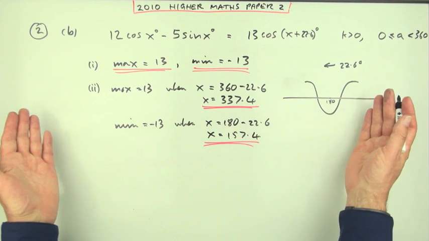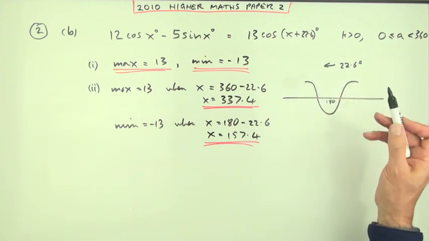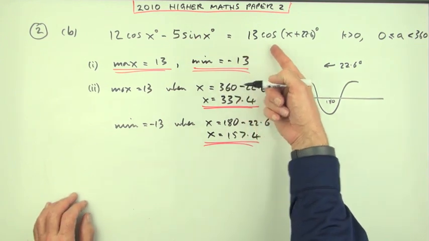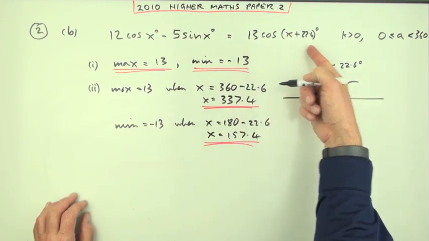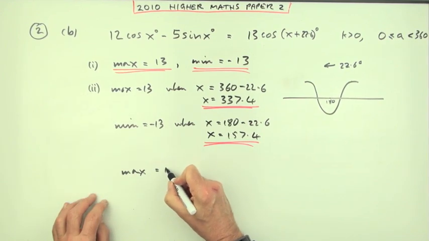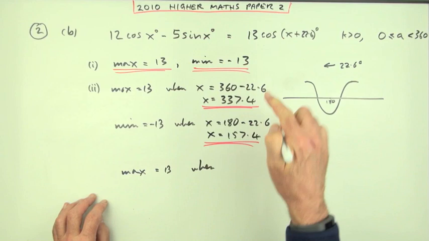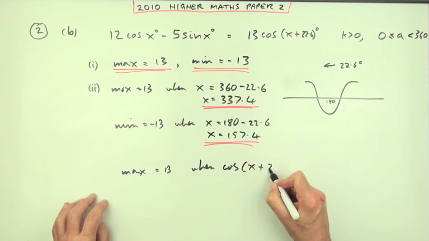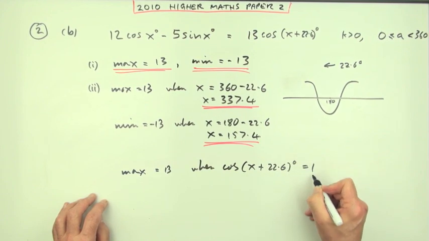That was to do it just by interpreting the graph, looking at the pictures of the answer. You might have decided to do it algebraically from that expression and say, well, that expression will be at 13. You could say maximum will be 13 when the cosine part is equal to 1, when the cos of x plus 22.6 degrees equals 1.